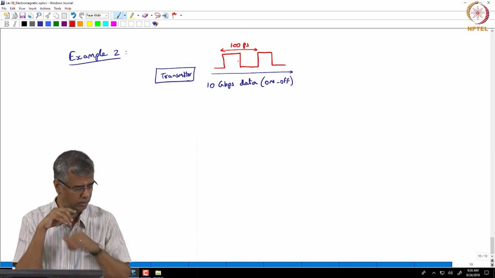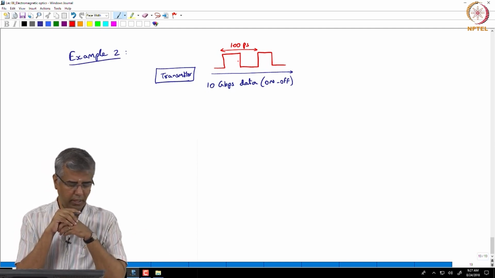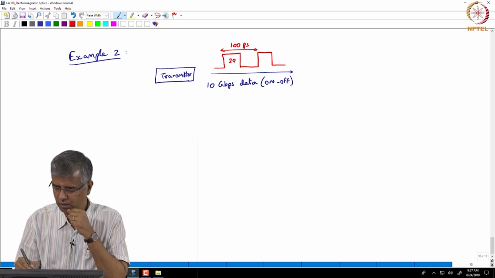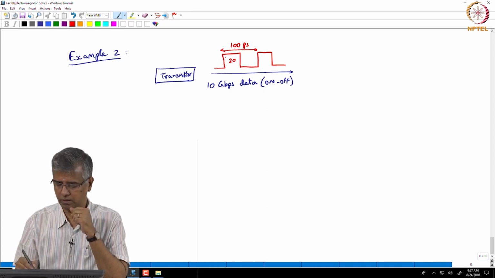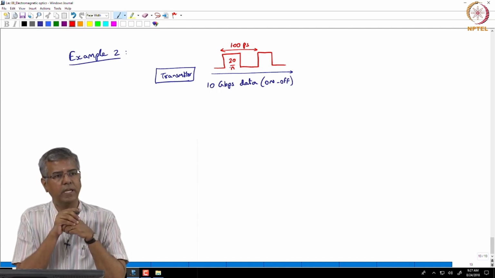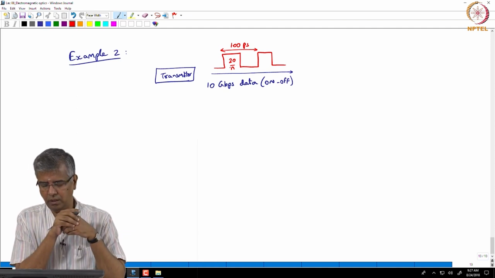Okay. What you are told is, in this case you have 20 photons, that is the mean photon number n bar is 20 photons, and obviously with the off duration that would be 0 photons.